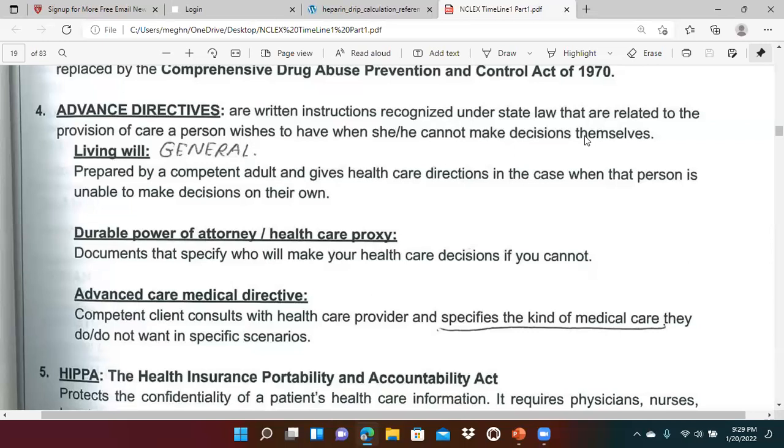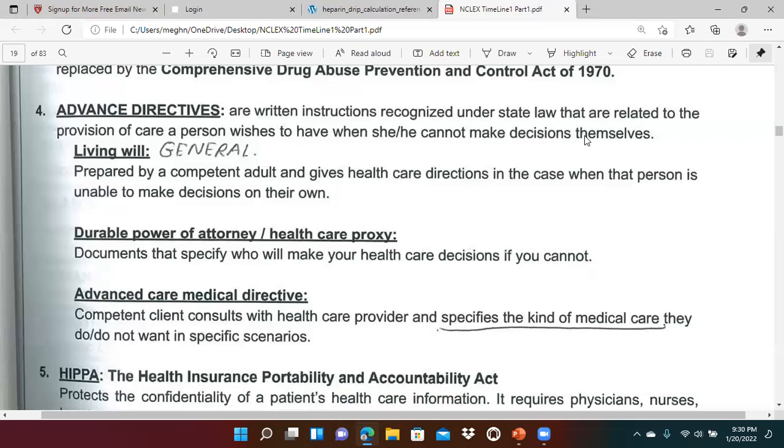An advance directive is sometimes called a living will or durable power of attorney. What is a living will? A living will is prepared by a competent adult to give healthcare directives in case that person is unable to make decisions for themselves.